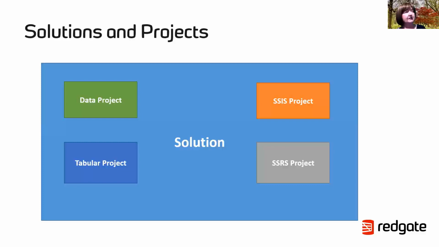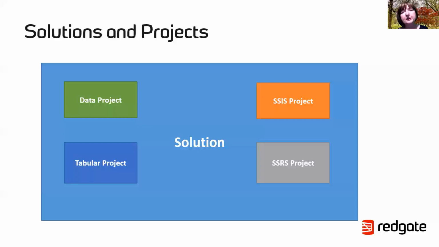The way I've got this diagram built out looks like a project I was on several years ago, where I had a data project where if I had to add new tables to the data warehouse, the definitions were in the data project.